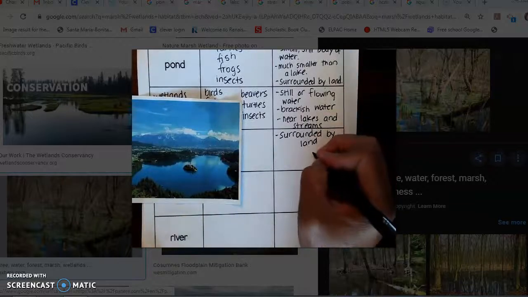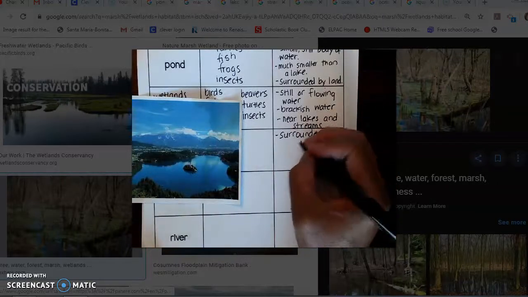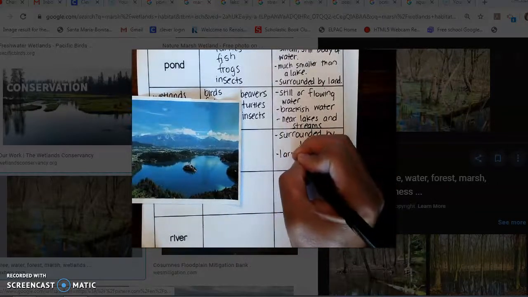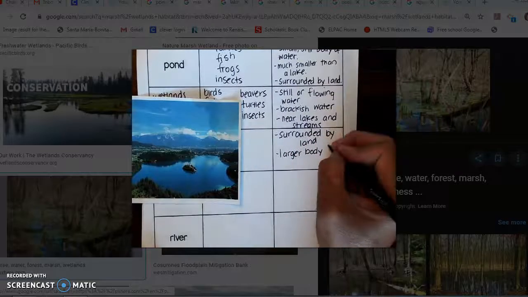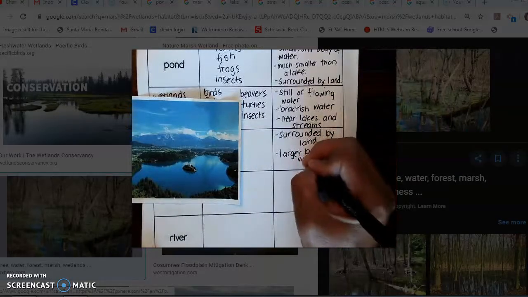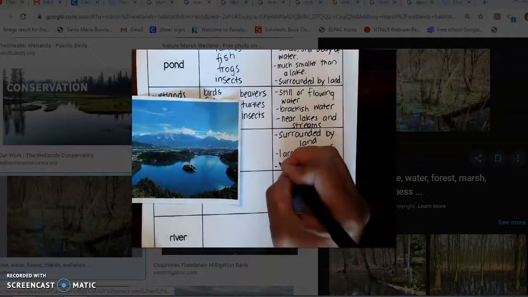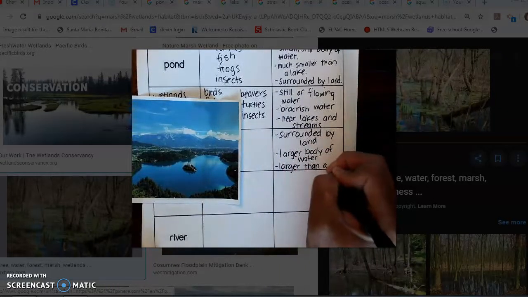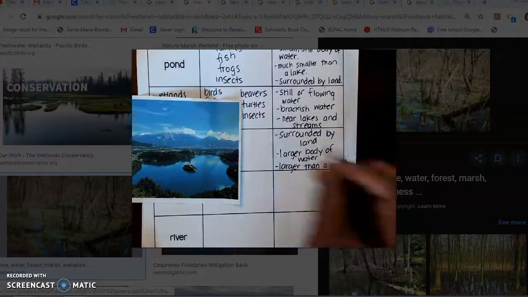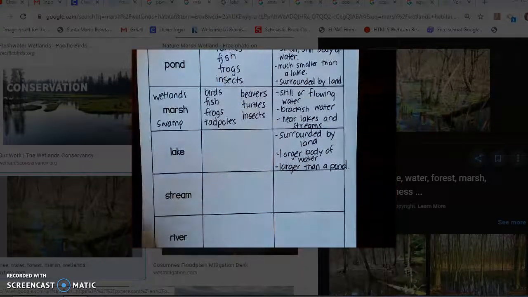Surrounded by land, and it's a larger body of water. Larger than a pond, for sure.